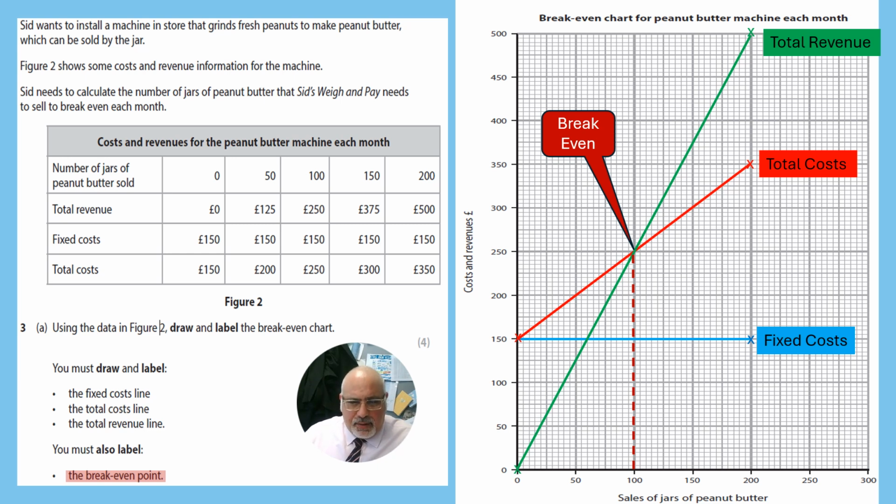Now be aware that there is an ECF here, in the sense that if you've got the total cost line wrong or the total revenue line wrong and it crosses at a different spot, you may not get the marks for the lines that are drawn wrongly, but if you label the point at which they cross as break even, you will still get the mark because that's ECF.